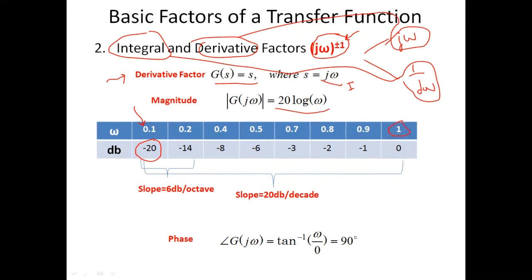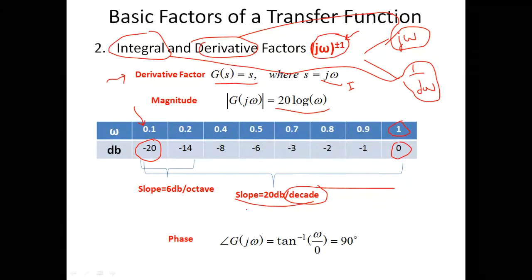If w equals 1, you get 20 log of 1 equals 0. So we have a slope of 20 decibels per decade.